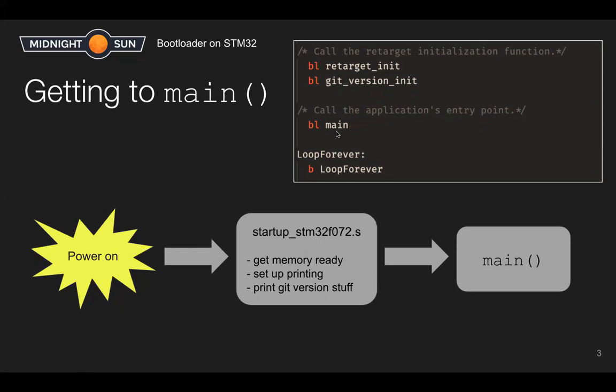Don't worry if you can't read it fluently; you have to take a course on it to understand it. But what this file does is it'll get the memory ready. It'll set up some printing. It'll print the Git version stuff that gets printed. If you've ever flashed or started up a microcontroller, you'll see that on Minicom. It's what does that. And then it calls main.